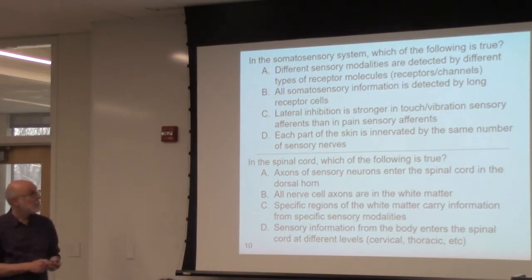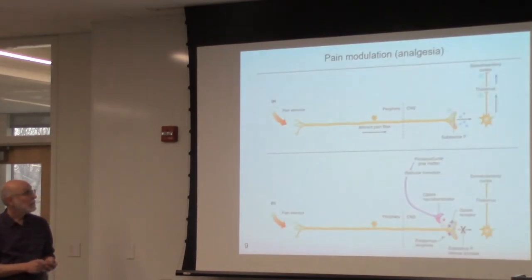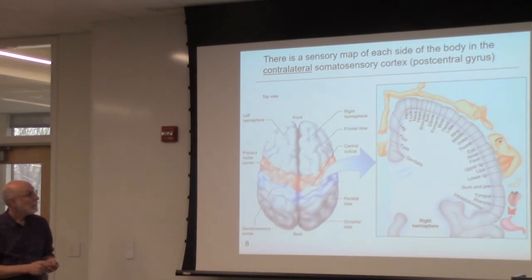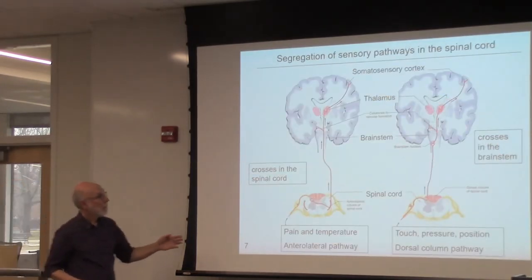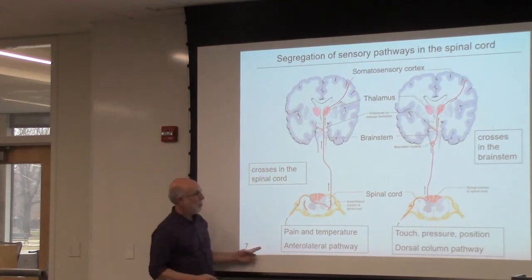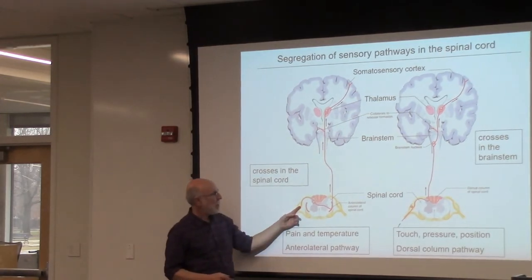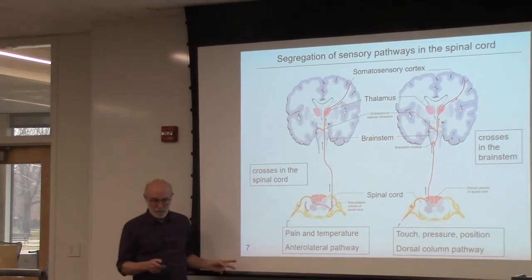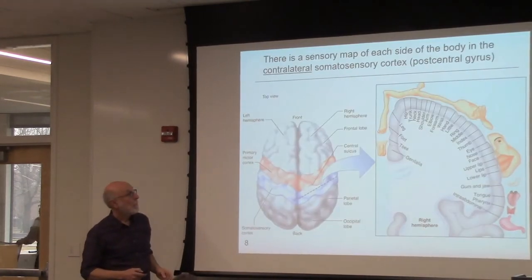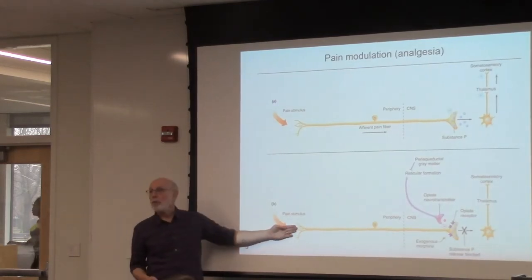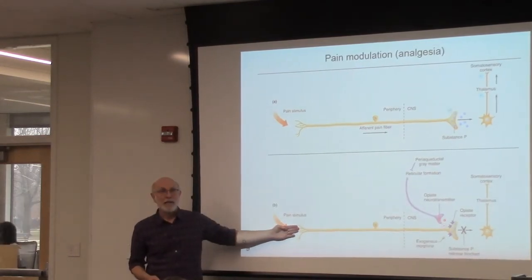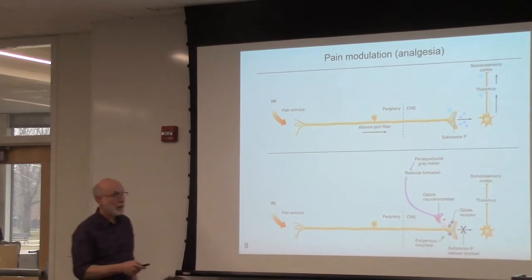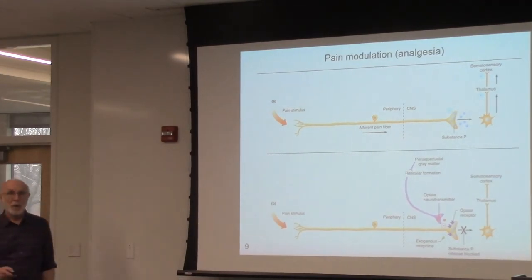Let me go back and illustrate. Receptor, axon, cell body, axon. This is a long receptor cell. Long receptor cell. They're all like this. Whether it's pain or touch or pressure or proprioception.